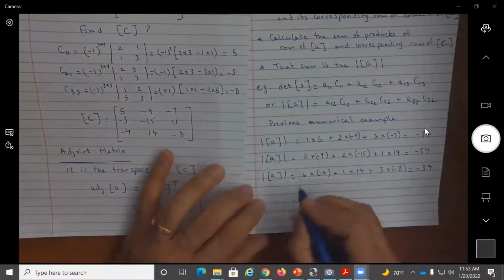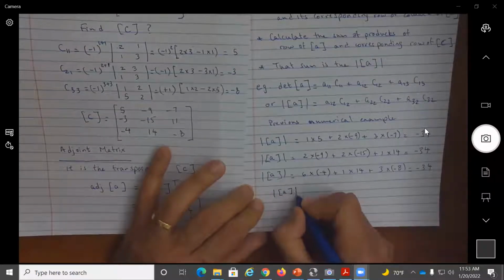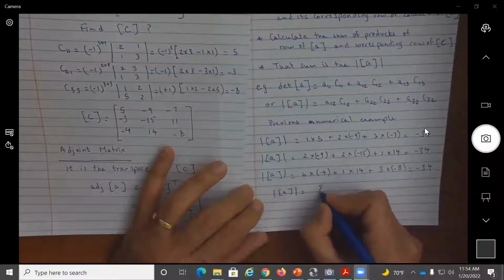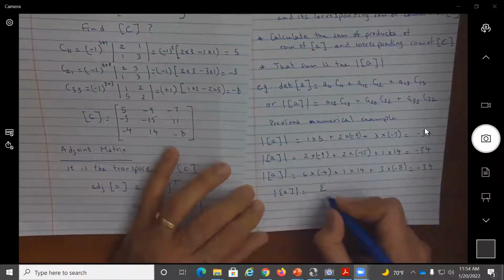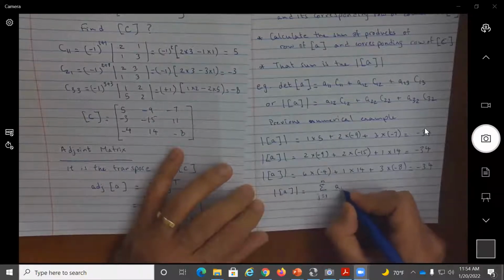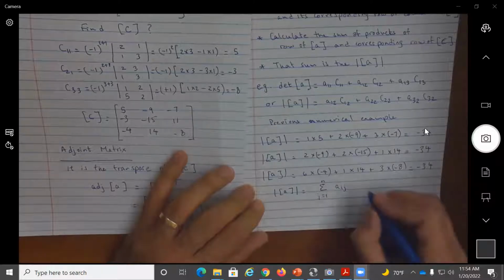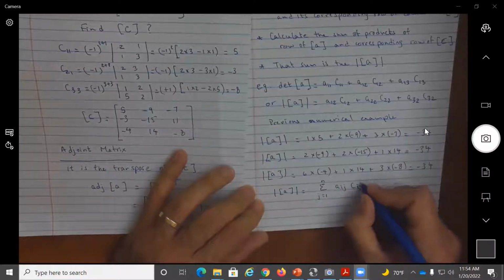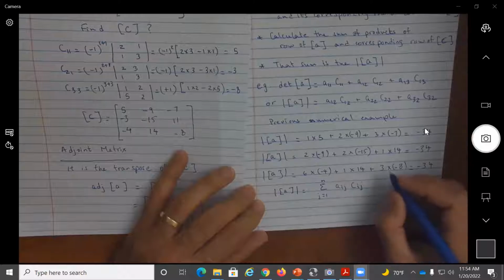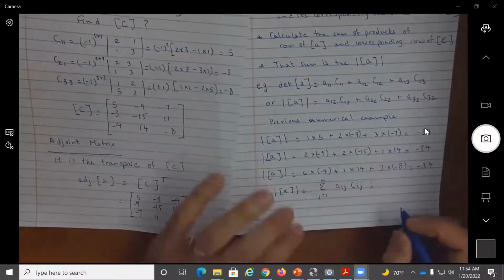In index notation, we can say that the determinant of A is equal to the sum from j equals 1 to n of aij multiplied by cij, where i is for any row number.